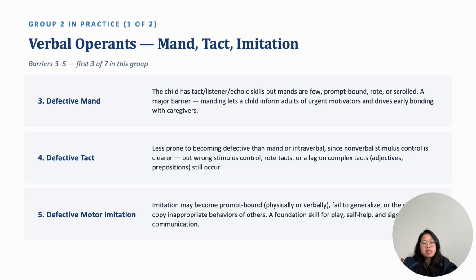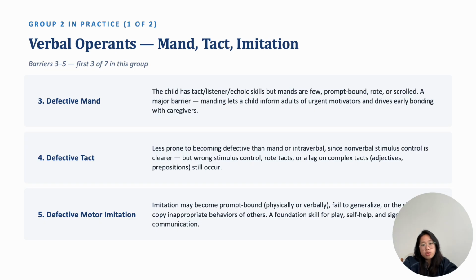So next is the defective tact. The tact repertoire is generally less prone to becoming defective than mand or intraverbal because nonverbal stimulus control tends to be clearer and more measurable, but the problems still show up, like the wrong stimulus acquiring control or rote tacting or a lag specifically on more complex tasks like adjectives, prepositions, or pronouns.